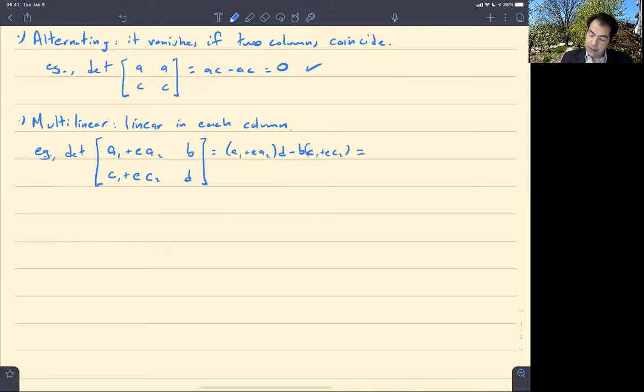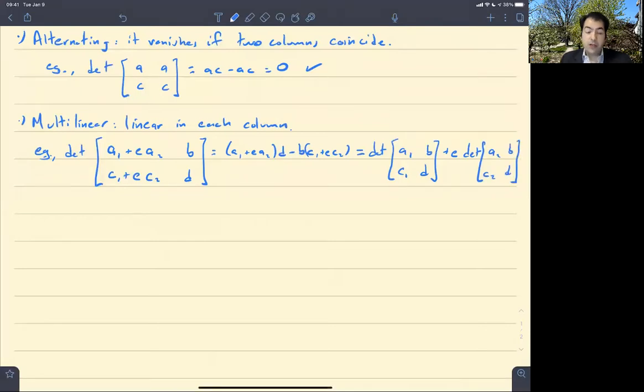And I can write that as the determinant of the matrix with first column A1, C1, plus E times the determinant of the matrix with first column A2, C2. Right, so that's linearity in the first column.